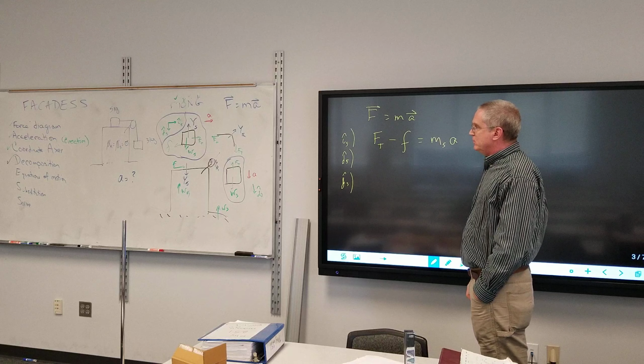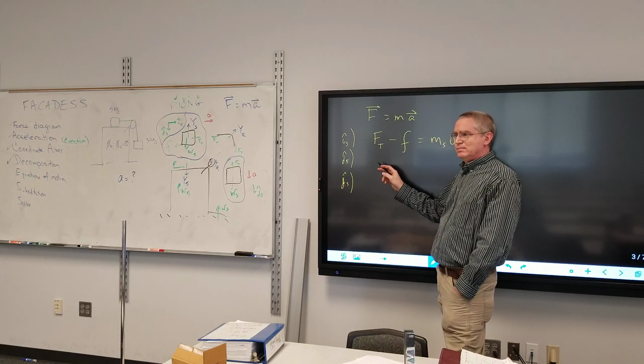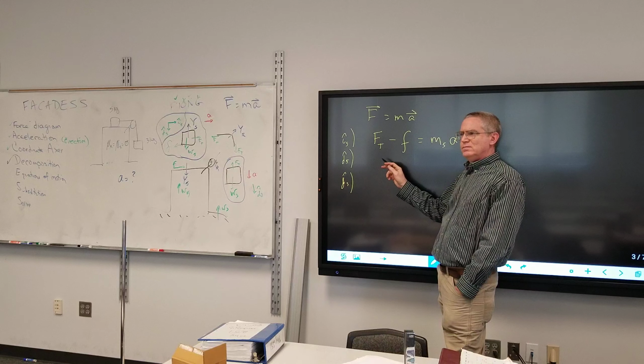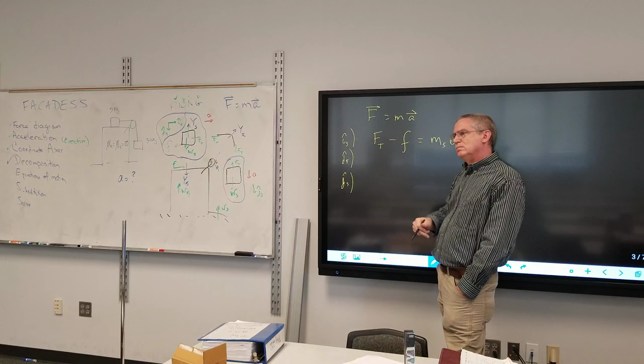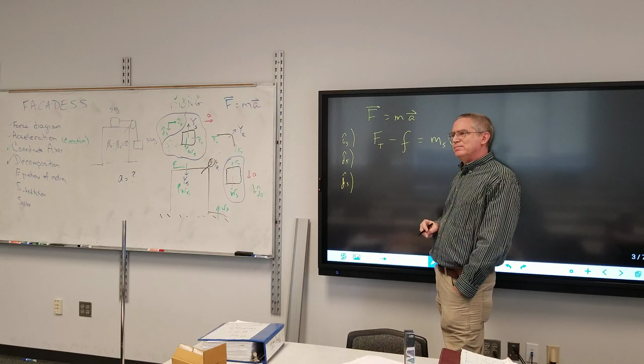Now the J5 hat. What are all the positive ones? The tension. J. Oh, normal. No, weight. Yeah, why is it weight, not normal? That's good.